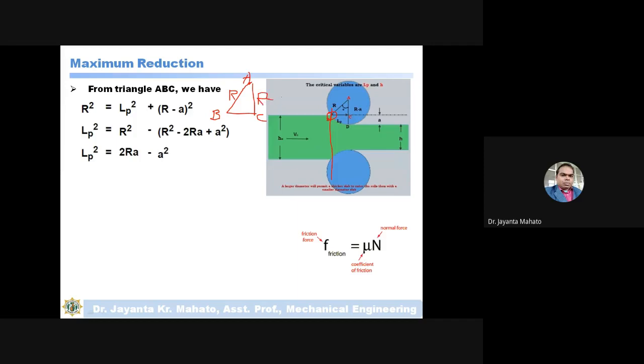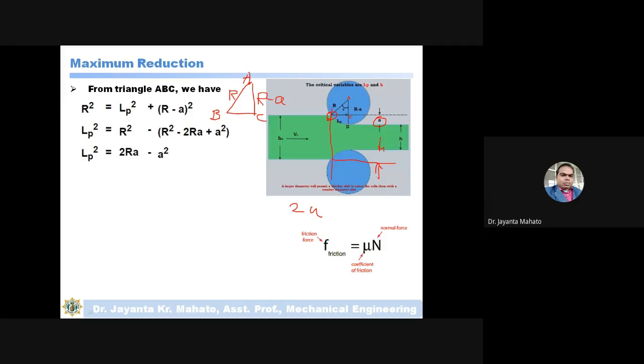What is a? a is the reduction in thickness. 2a means a is the reduction on the upper side, and another a is the reduction on the lower side.